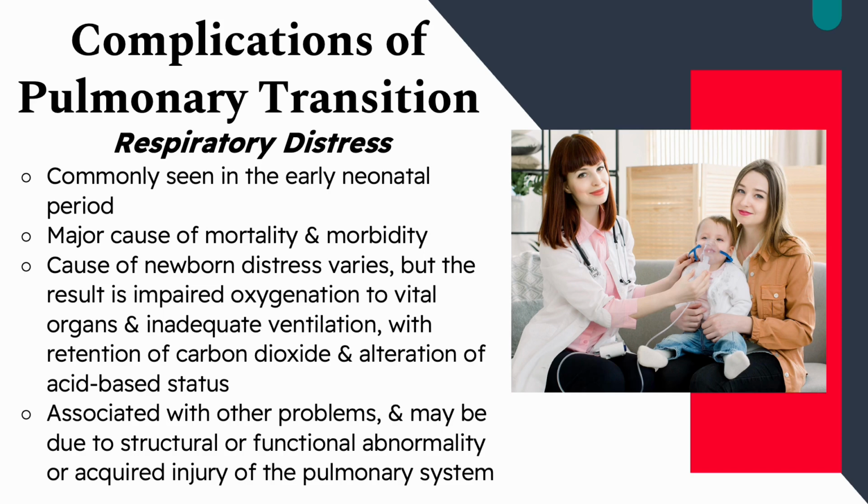The cause of newborn distress varies, but the result is impaired oxygenation to vital organs and inadequate ventilation, accompanied by retention of carbon dioxide and alteration of acid-base status. Respiratory distress can be an isolated condition, or it can be associated with other problems. It may be due to structural or functional abnormality, or is an acquired injury of the pulmonary system.